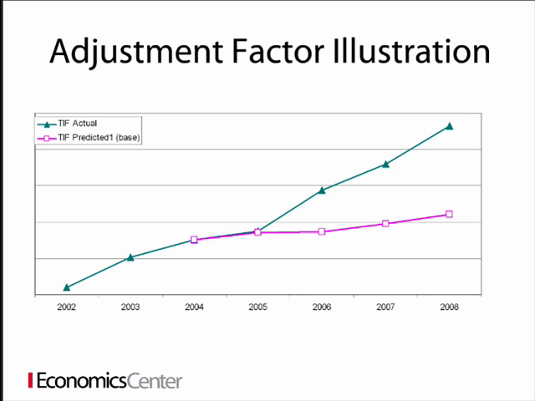In one year, you might see a deviation from the predicted amount. This is not unusual. If in the second year you see the same pattern, you might begin to expect that some underlying change has occurred that the baseline model can't account for. That's when you might want to consider using the adjustment factor, if you see a consistent underprediction or overprediction in the model prior to updating on the 3-year cycle.